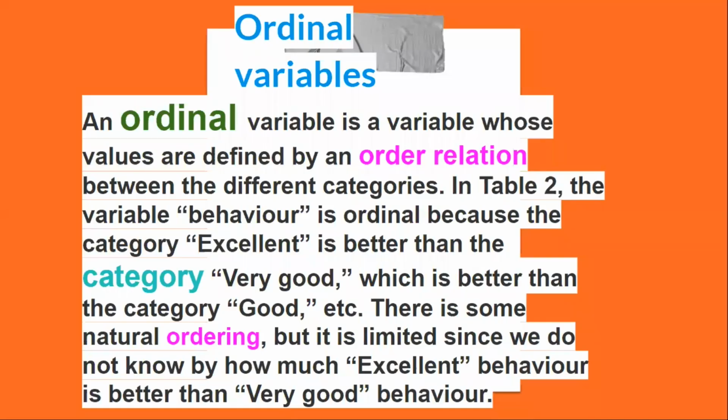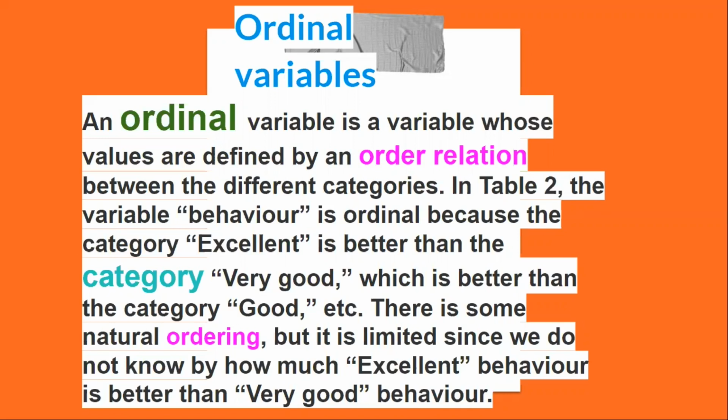The second subcategory of the categorical variable is the ordinal variable. An ordinal variable is a variable whose values are defined by an order relation. The main thing to focus on is the order relation between the different categories.